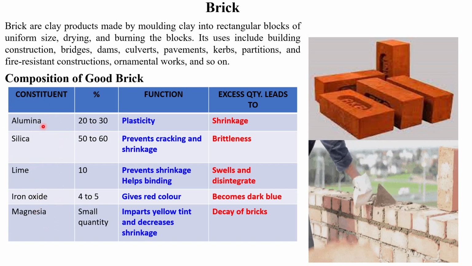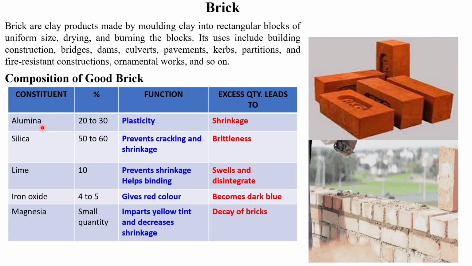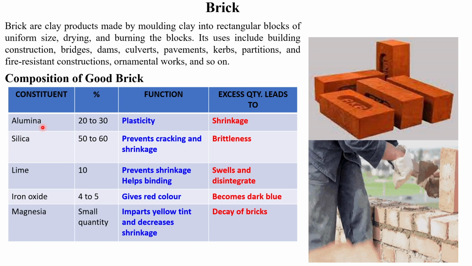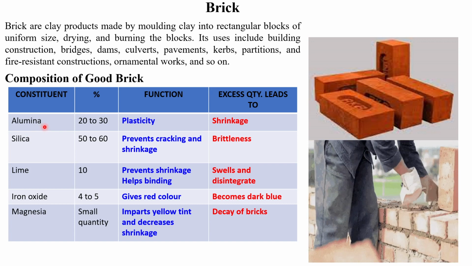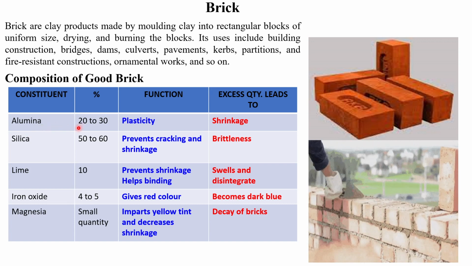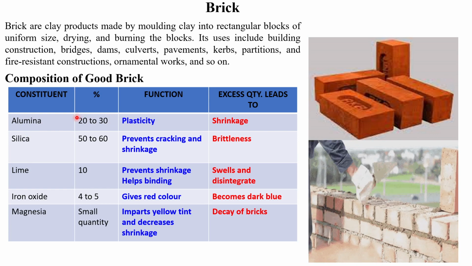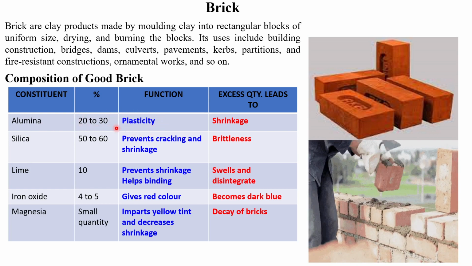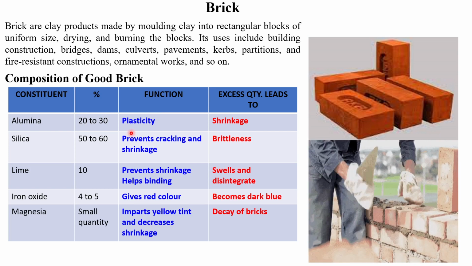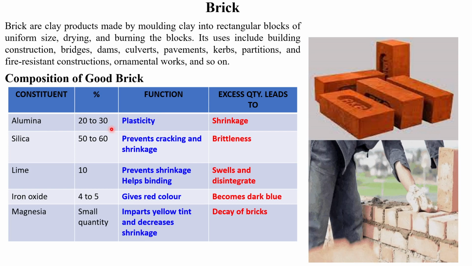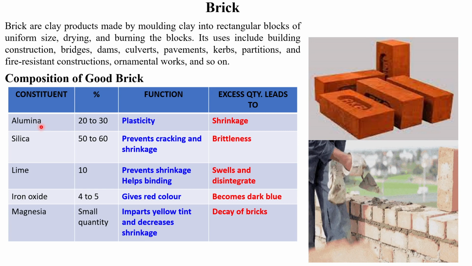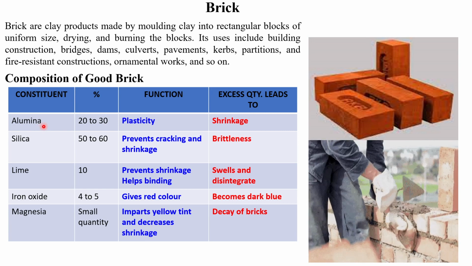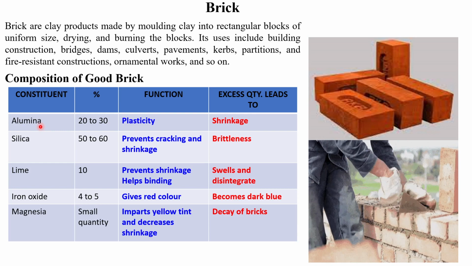First of all, alumina. Alumina is the main component of clay. Alumina should be present in good brick earth from 20 to 30%. It gives plasticity to the brick earth. Alumina is mainly present in clay.